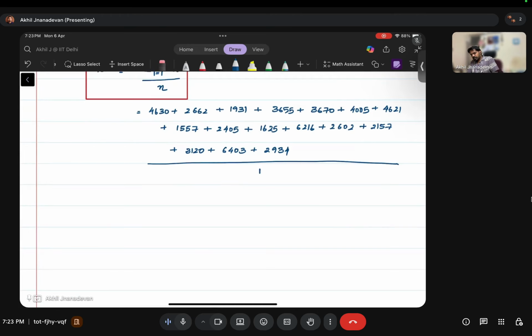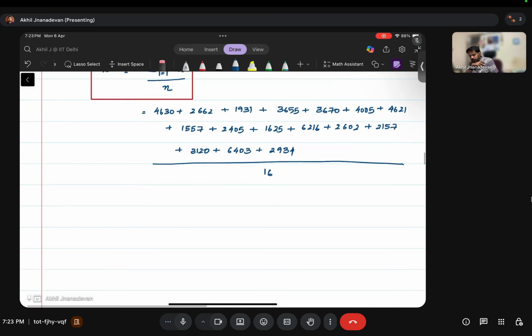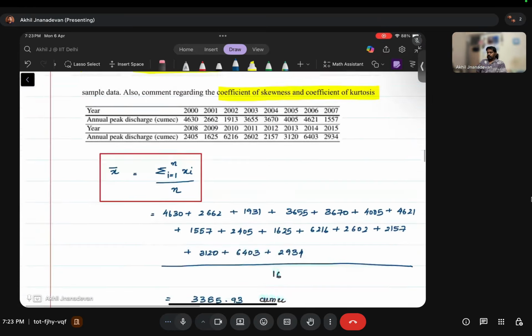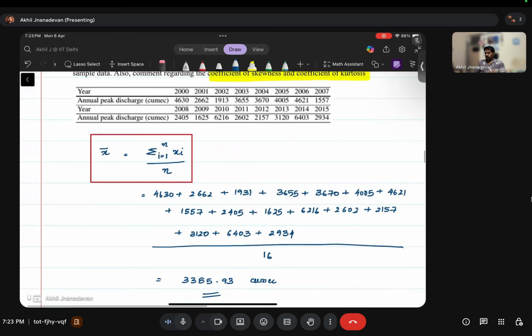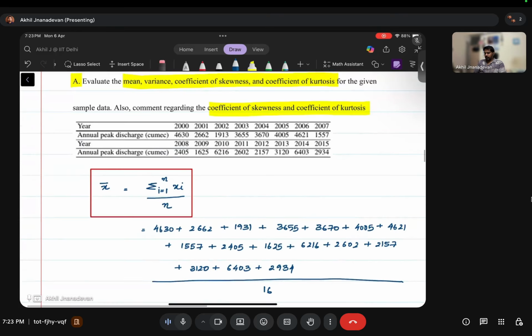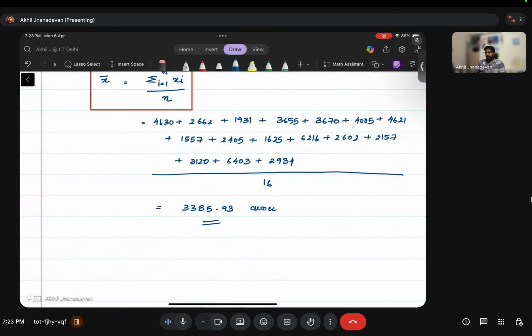n is 16, as we have 16 years of data, right? 2000 to 2015. So if you solve this, it will come around 3385.93 cumecs. Okay, so the mean average maximum annual discharge, the peak discharge at that particular station A, is 3385.93.